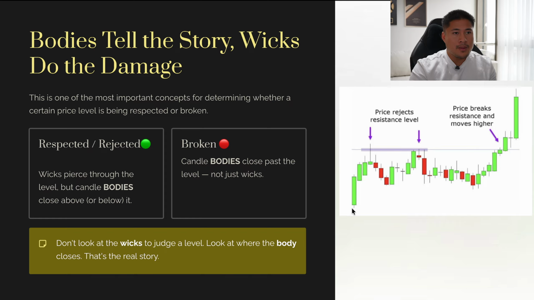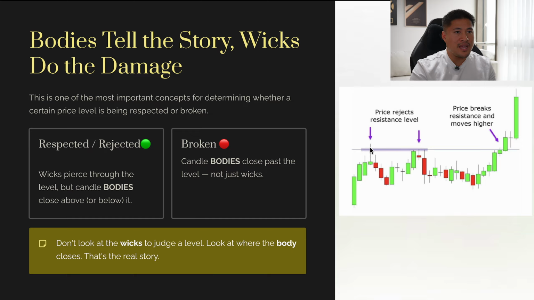As you can see, price comes into this level and starts to reject it as a resistance. Price goes through this level, but it only wicks this level and closes below it, which means this is a form of rejection, and the price is respecting this level.